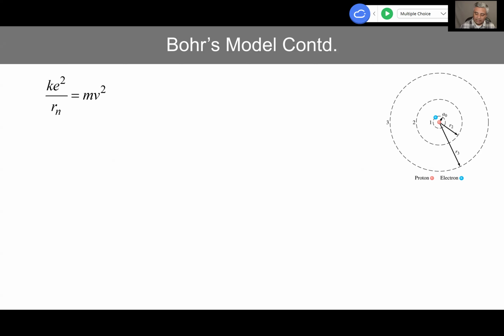And remember, energy means kinetic energy. The electron has a mass, so it has a kinetic energy, which is given by half mv squared. And we need potential energy, which is electric potential energy. So we're going to use those two and combine.